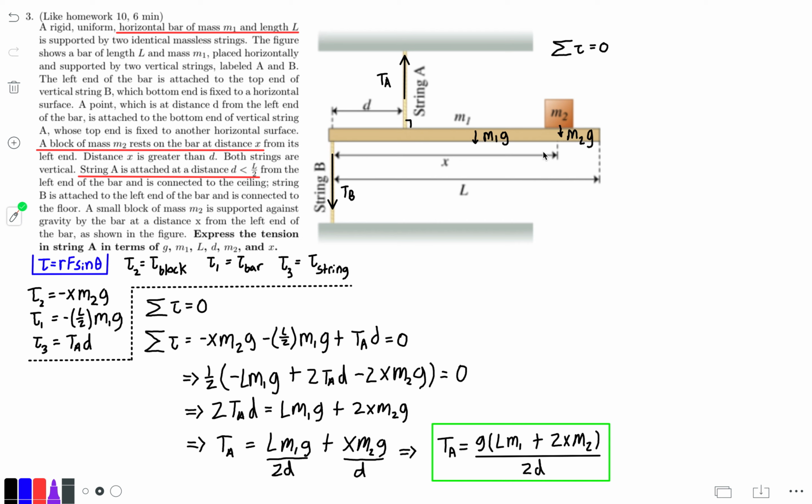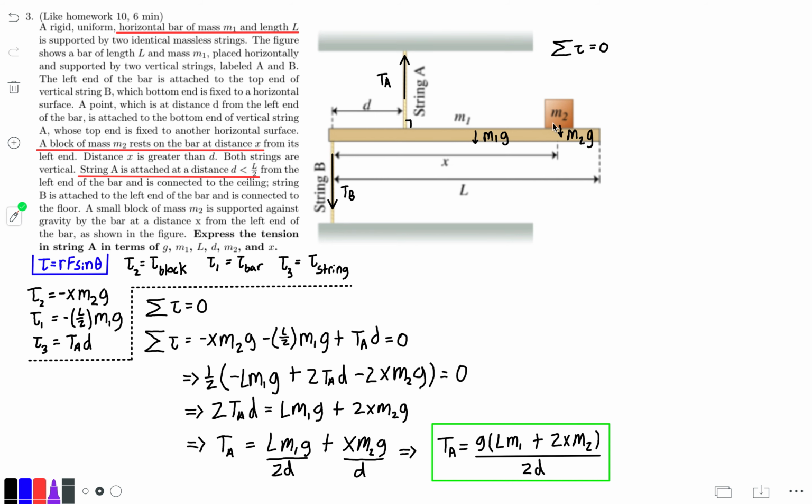As I was saying, I've outlined some of the forces that we're working with, the first of which is the force due to gravity on our mass 1. This is going to occur at the center of the mass because there's nothing weighting this mass unequally, and we have all reason to believe that the center of this mass is at L divided by 2, which would be the middle.